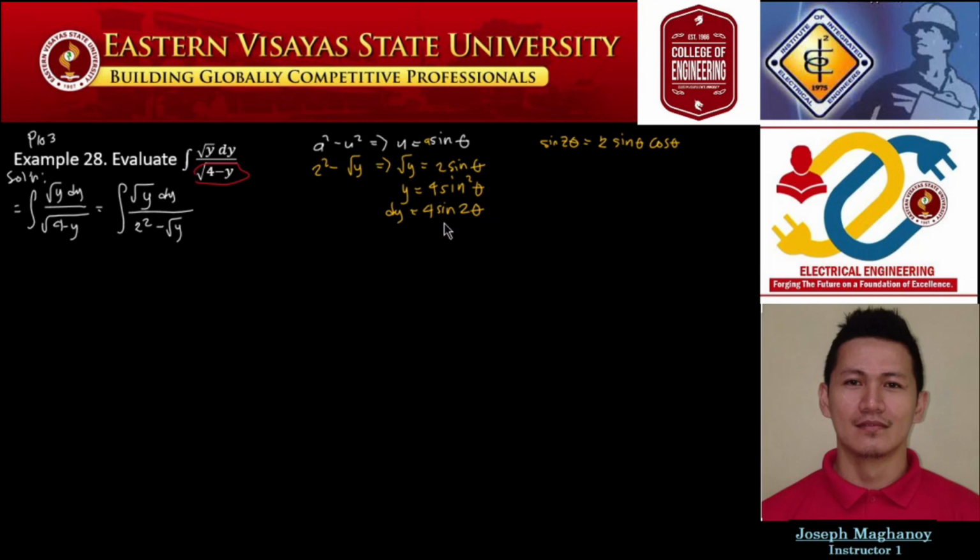We replace our sine 2 theta with this. Finally, your dy is 4 times 2 sine theta cosine theta d theta, so your dy is 8 sine theta cosine theta d theta. So you have your value of y and your value of dy.